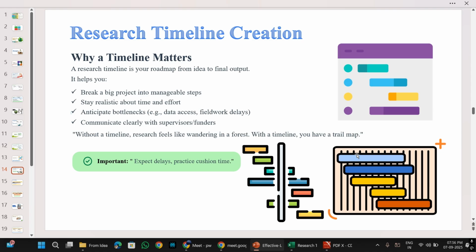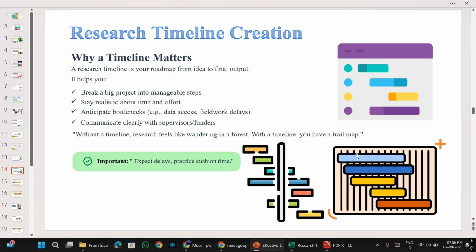So a research timeline will help you break your bigger objectives into small small objectives, what we say minor objectives that are achievable, right? So you don't feel like you are cutting the entire mountain. You are excavating smaller hill by hill, and then one day you break down the entire mountain.